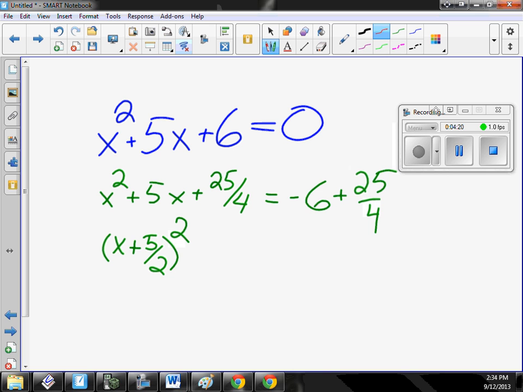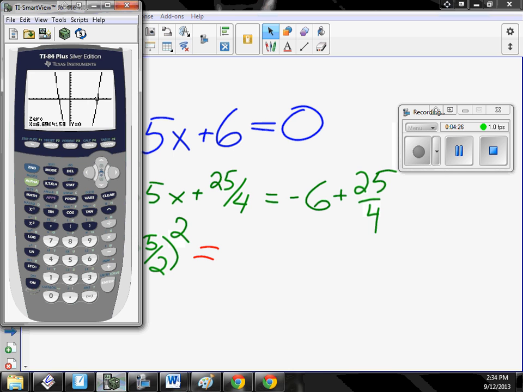Okay. So, negative 6 plus 25 fourths. Let's try that again. Negative 6 plus 25 fourths, math fraction, is 1/4.